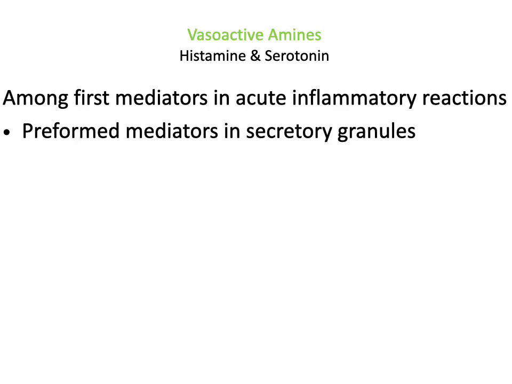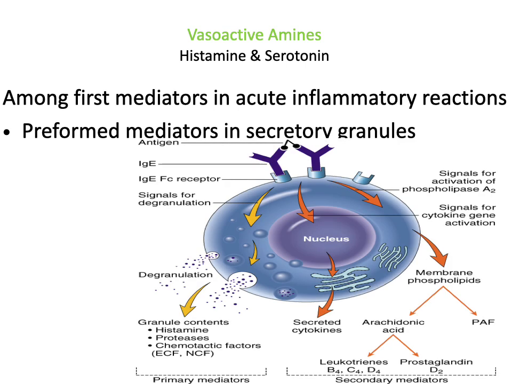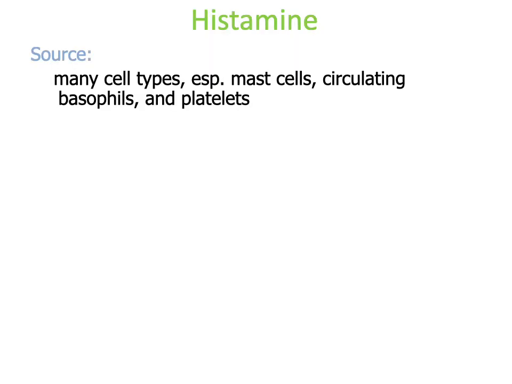Now, one of the most important mediators that we have encountered are vasoactive amines, and these include histamine and serotonin. They play a part in the vascular response. These are the chemicals that are predominantly responsible for the vasodilation seen in inflammation.